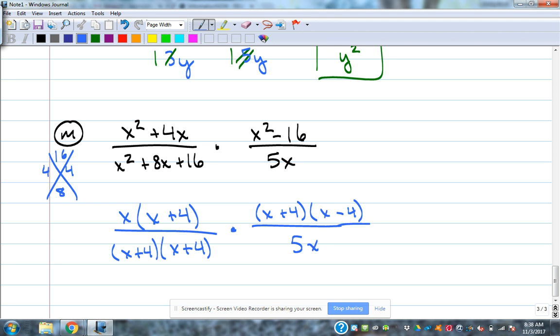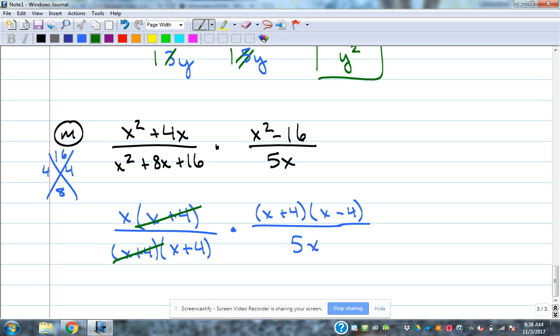Now, cancel vertically. So vertically, this x plus 4 can cancel one of these x plus 4s. Is there anything vertically that can happen on this fraction? No. Now, this isn't too jumbled like the other stuff was, like the ones that weren't polynomials. This is pretty organized here, so I don't think I need to rewrite it after I've done vertical.